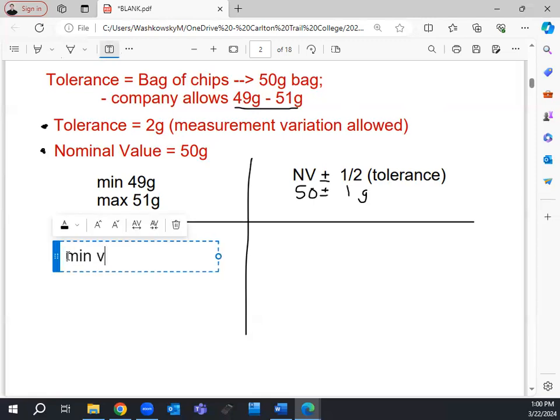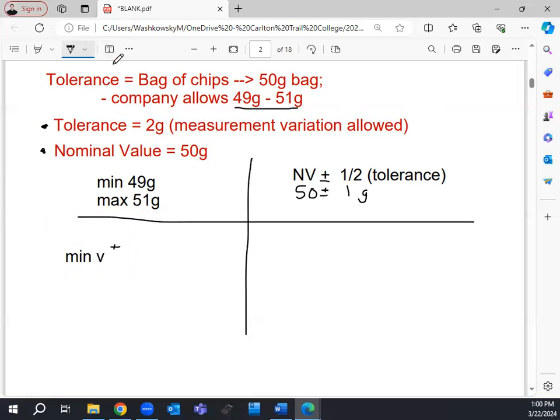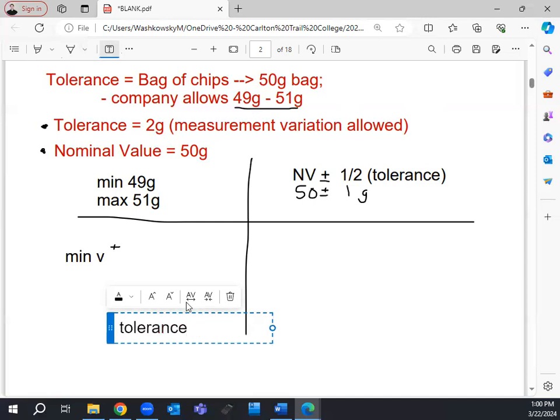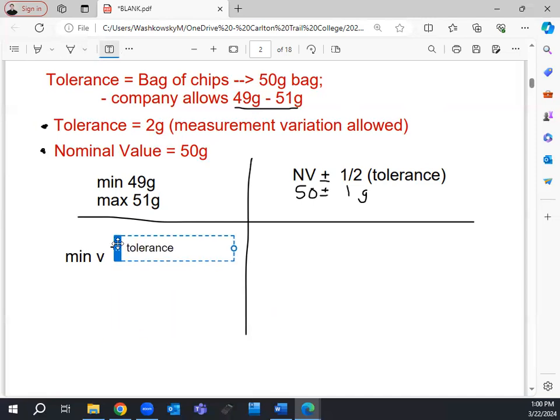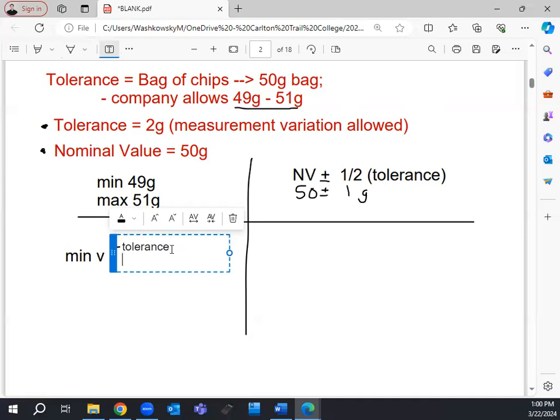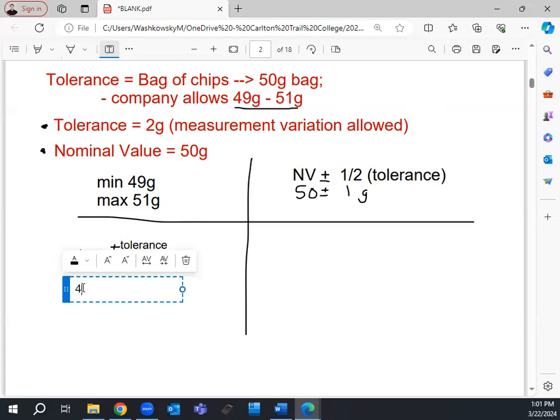A third method that we do is the min value plus the tolerance or minus 0, which is basically saying that, hey, the chips need to be at least 49 grams.